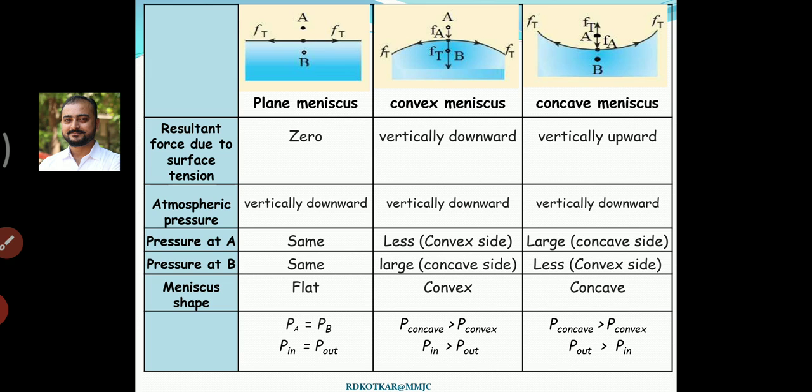So you can see in all the cases related to the concave and convex meniscus, the pressure acting on the concave side is always greater, and in case of plane meniscus the pressure on both sides, above and below or inside and outside, remains the same. The last row shows you the comparison, which is very important.